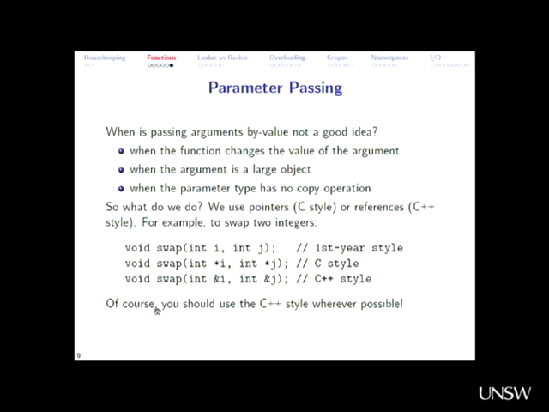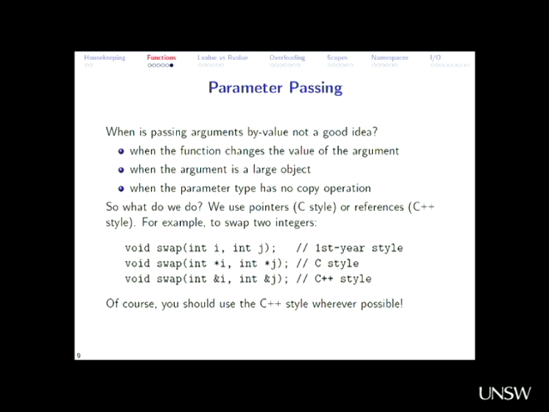And so when you're deciding which one of these to use, call by value or call by reference, you need to consider when calling by value is a good idea or not a good idea. It's not a good idea to call by value if a function changes the value of an argument.